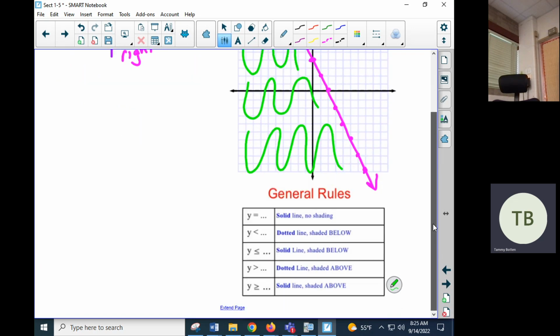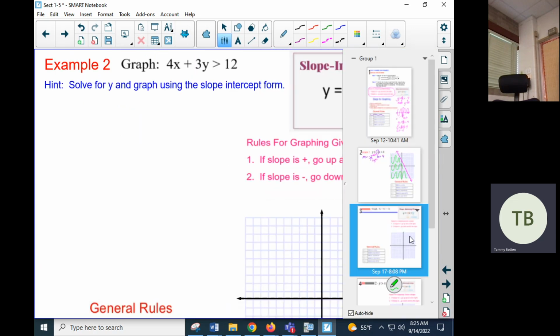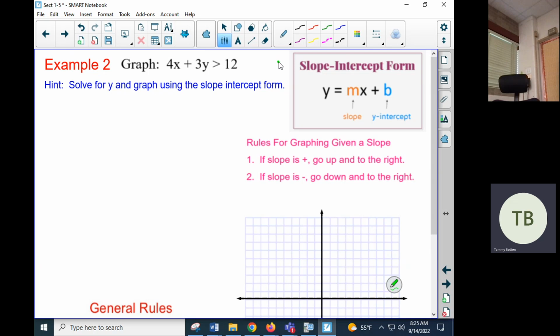Okay. All right, then if we go to this one, what will happen is they'll give you lines that are not solved for y, so that takes an extra step. So if we write down 4x plus 3y is greater than 12, what I want to do there is solve for this y.